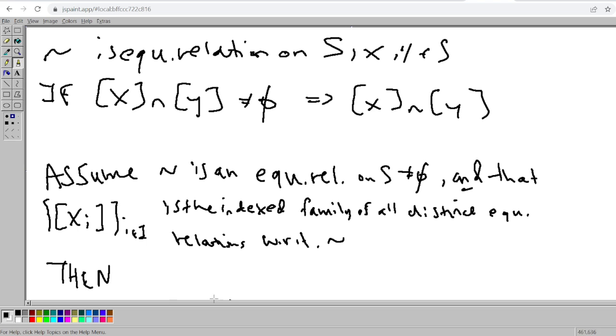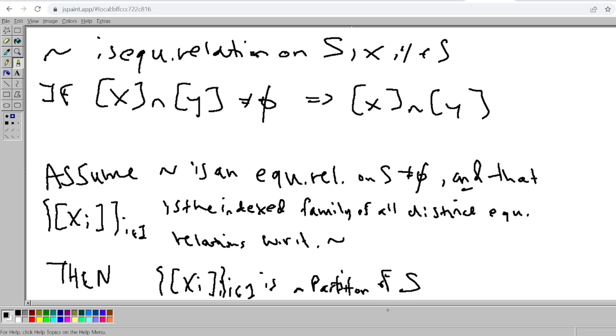Then we can actually say that this indexed family is a partition of S. That's cool.